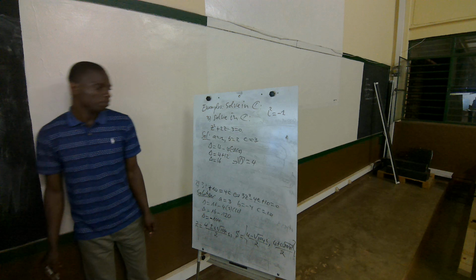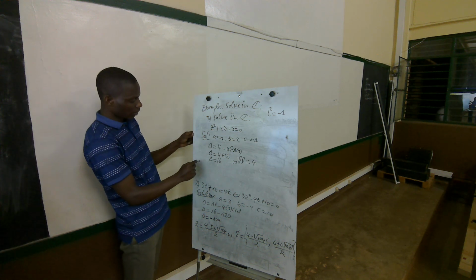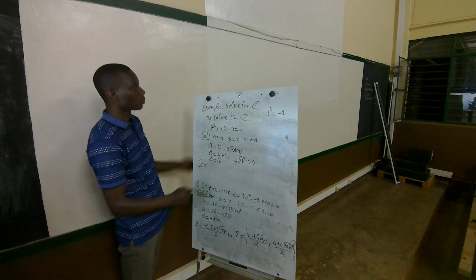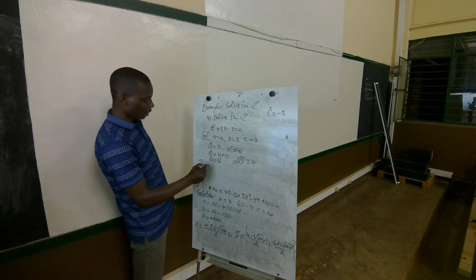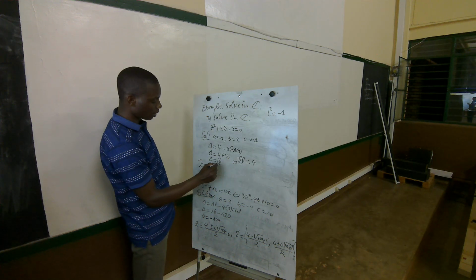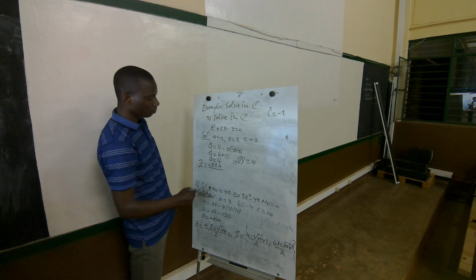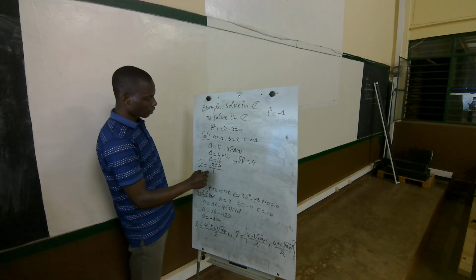Now we are going to find the roots. z is equal to negative b. Negative b is negative 2 plus or minus square root of 16, that is 4, over 2.